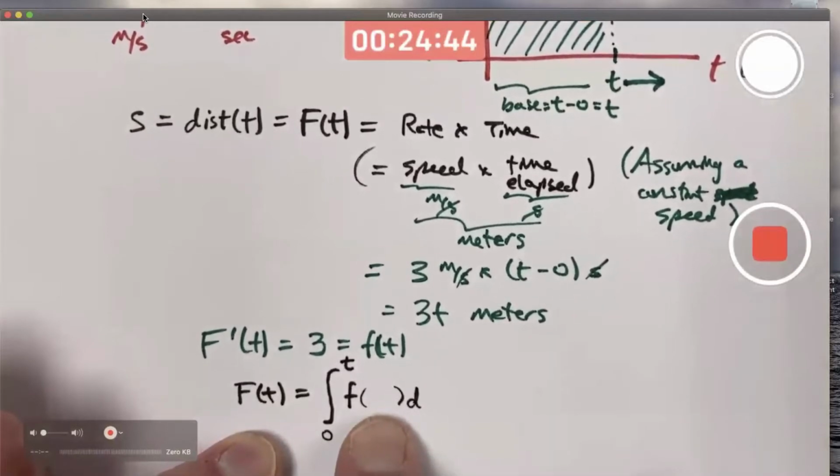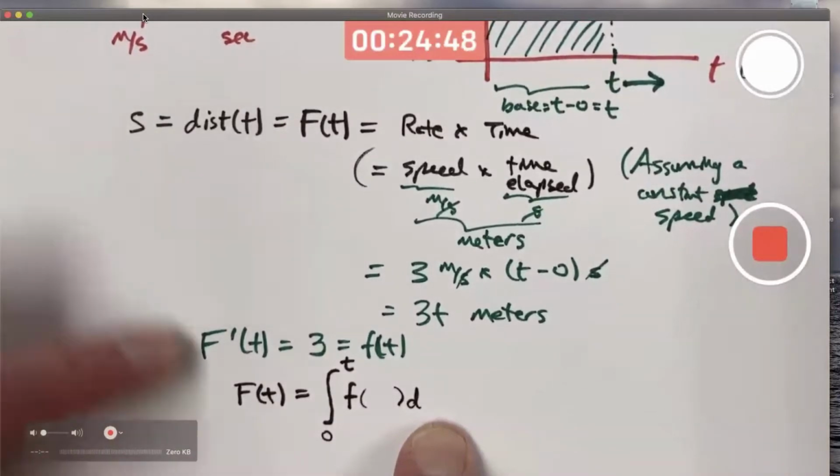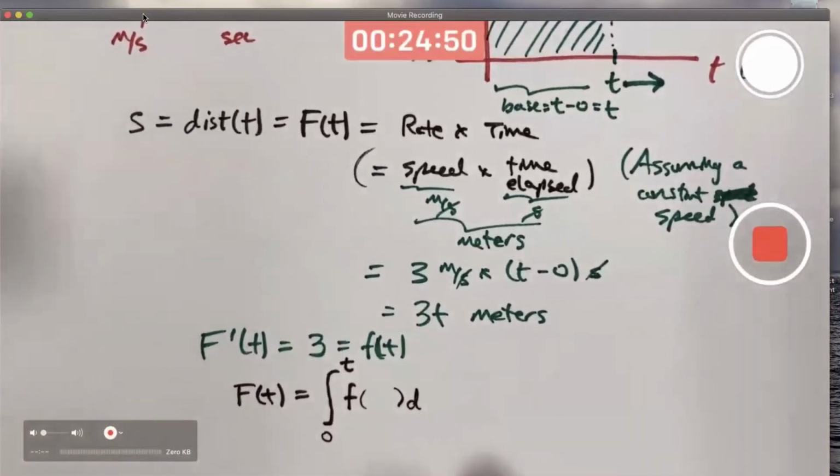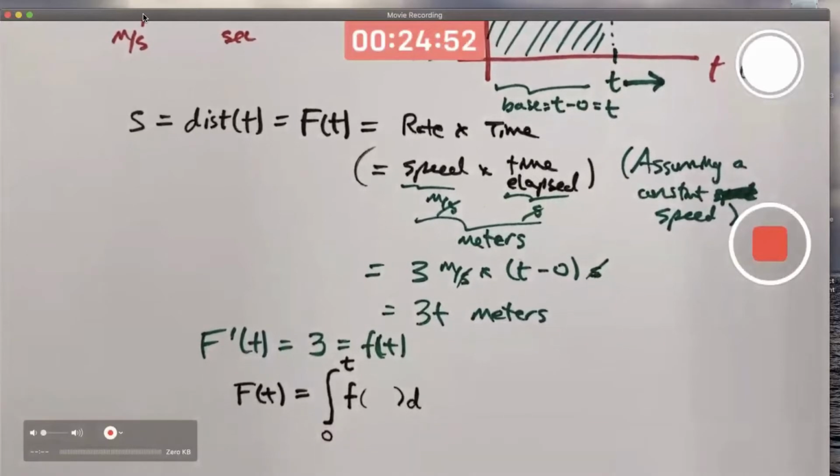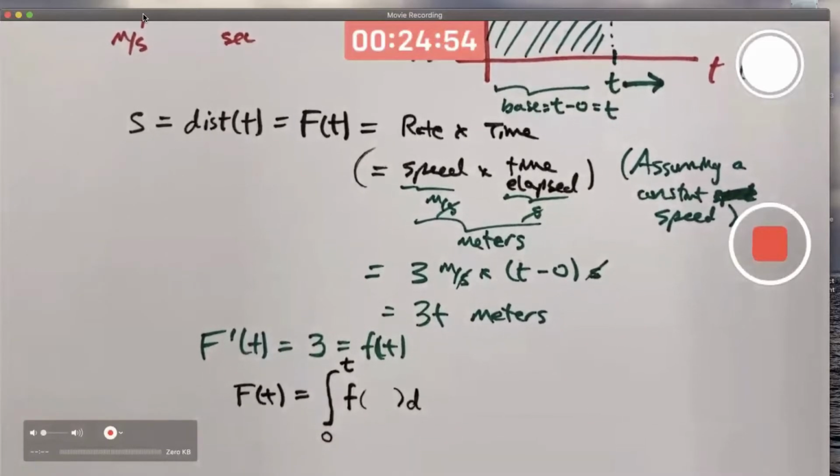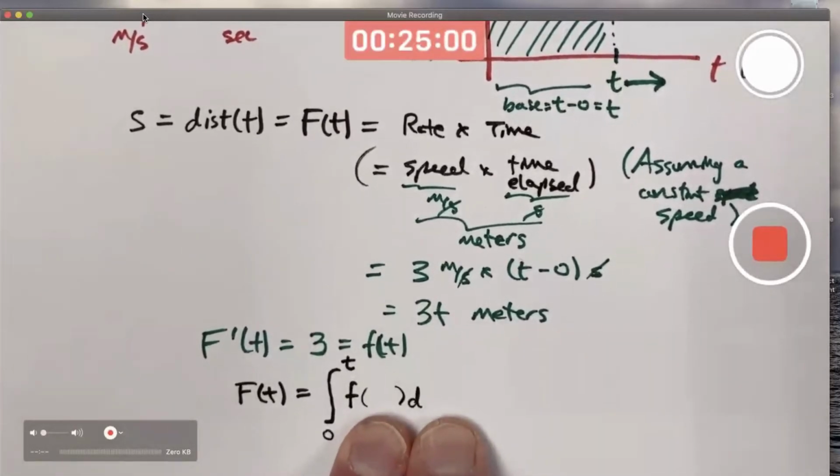Now, should I put a t here and a t there? I could, and in fact, many science and engineering teachers do, but I am now telling you, as your math teacher, don't. And if you do put a t here and here, I'll mark it not completely correct. On the test, you'll get docked some amount of points.